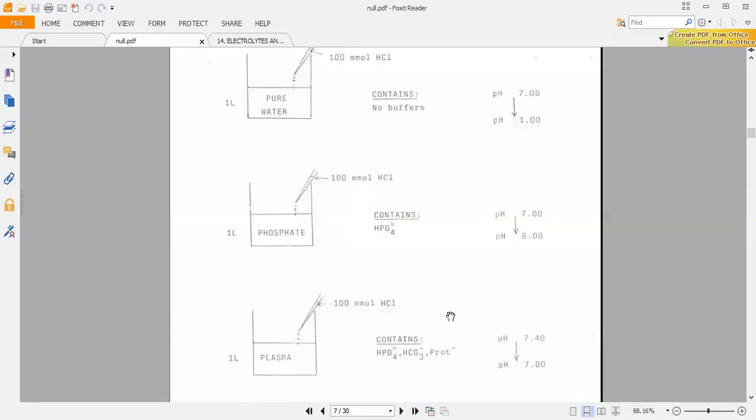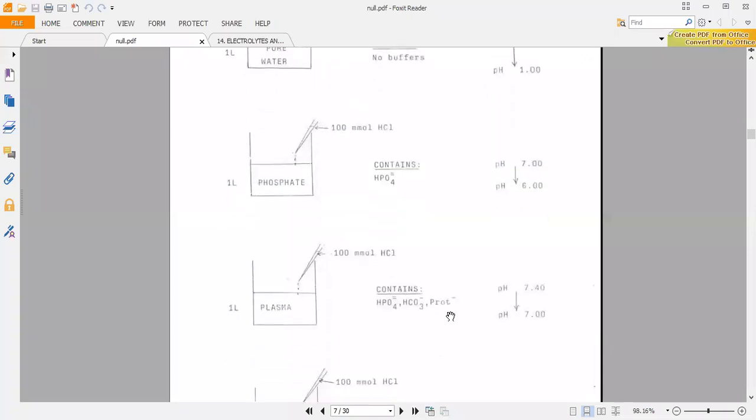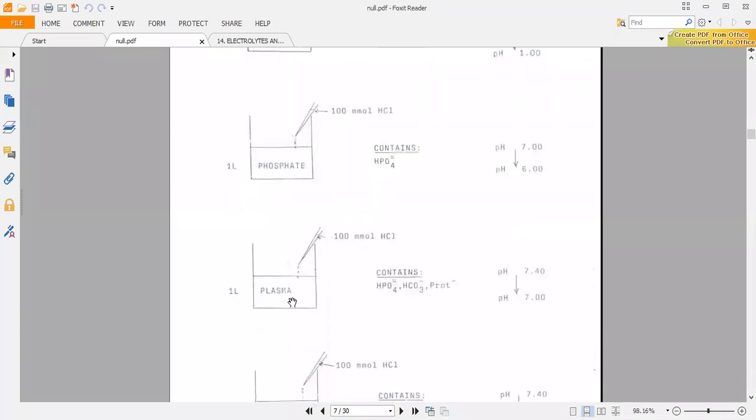Now, when I take a person's plasma, your plasma has other buffer systems. So even if I inject someone with 100 millimoles of HCl, you notice that the pH, we know the pH of the plasma buffer, the average is 7.4.